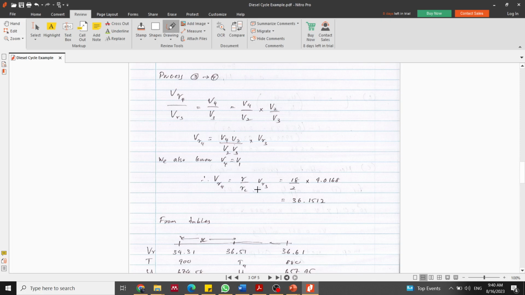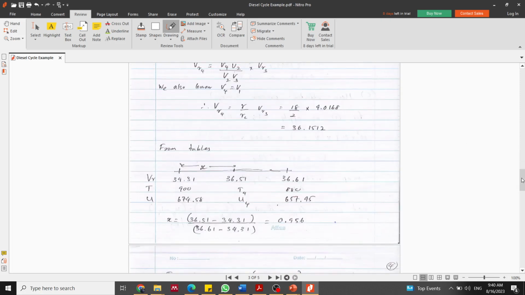Then we can find VR4 equal to 18 over 2 times 4.0168. Then VR4 we can calculate as 36.1519. The next thing is to figure out where this value is.